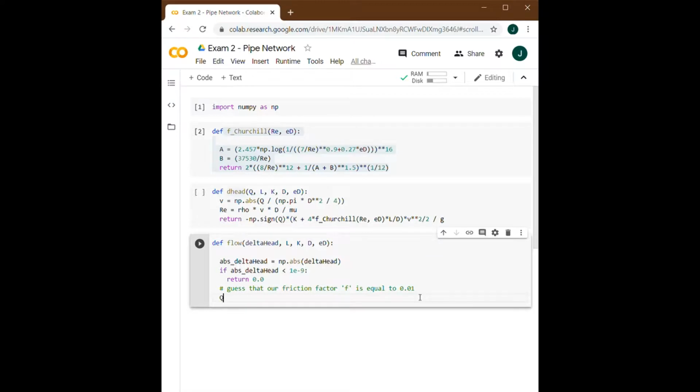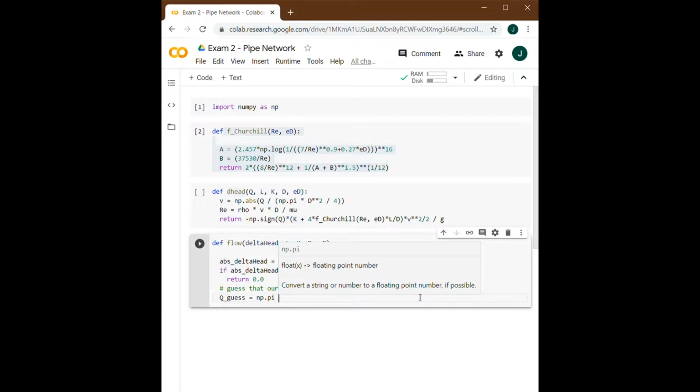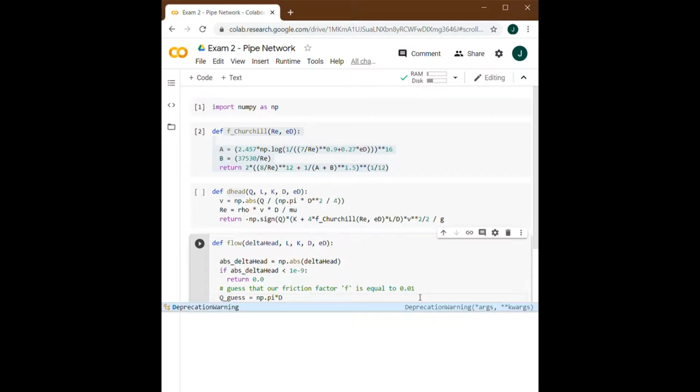So we're going to do our Q guess, our flow guess. It's going to be numpy.pi, you have to import that pi variable from NumPy, times the diameter of the pipe to the power of 2 over 4. This right here is our area of the pipe.